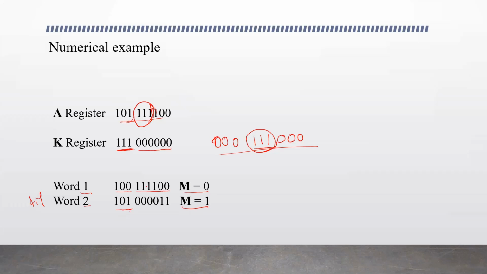These 3 bits are checked with these 3 bits in memory word 2. Here word 1 matches with the content of the argument register, so this bit will be 1 and this bit will be set to 0. There is no match here. That depends on the content to be searched and the key selected. Okay, fine.